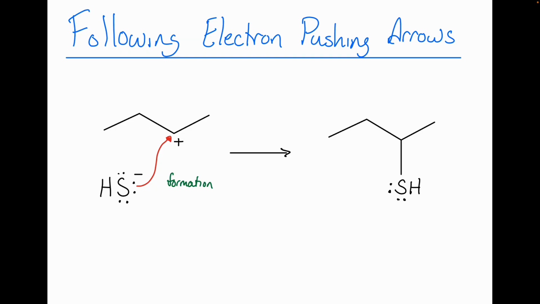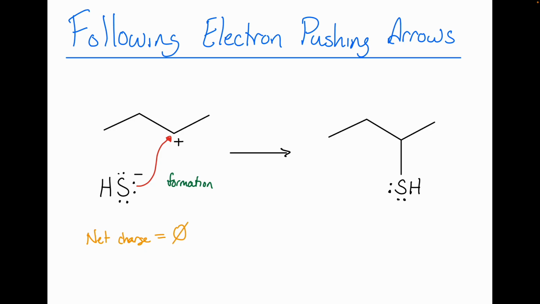Okay? Charges are a notoriously pain in the butt thing with regard to our electron pushing arrows. One of the helpful things to keep in mind is this idea of conservation of net charge. My net charge has to be the same in each one of these steps. So what would my net charge be over here on my reactant side? 0.